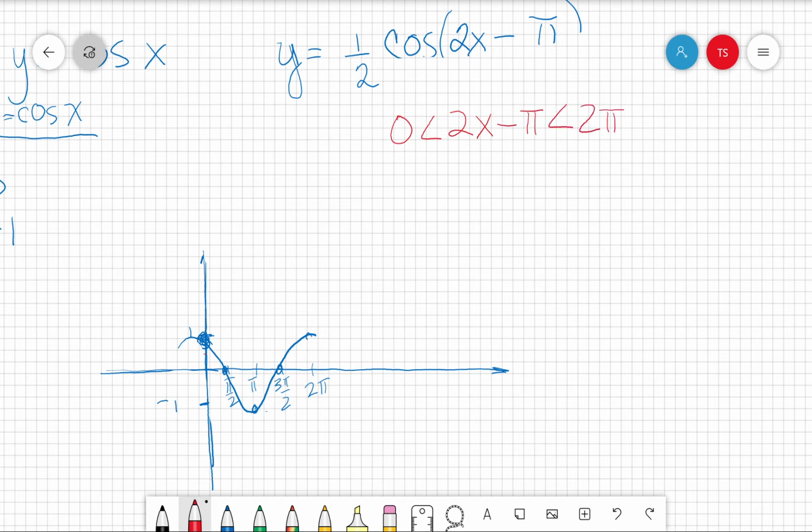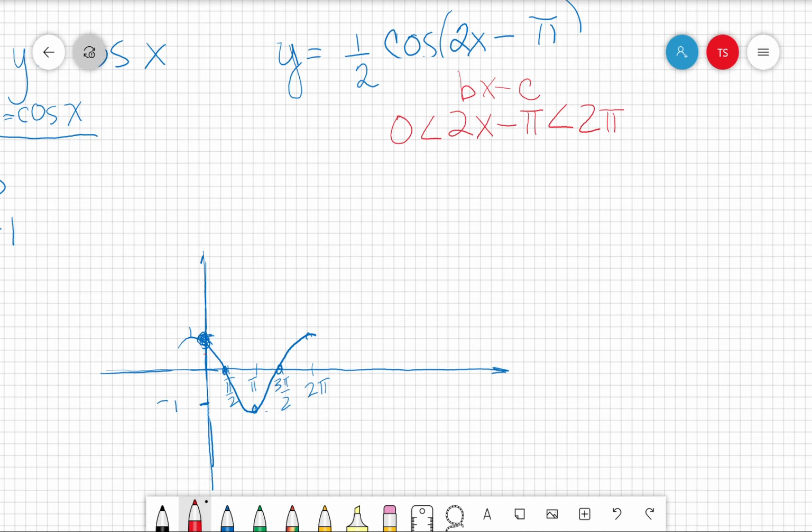Why do we do that? We do that because our original period is from 0 to 2 pi. Now, this bx minus c, we put between 0 and 2 pi, and that gives us not only our period change, but also our phase shift.